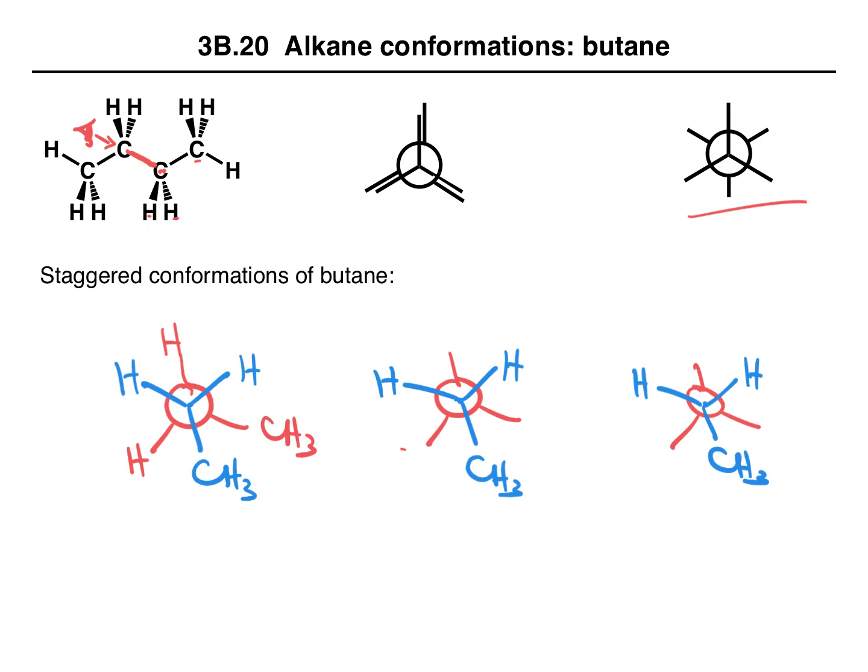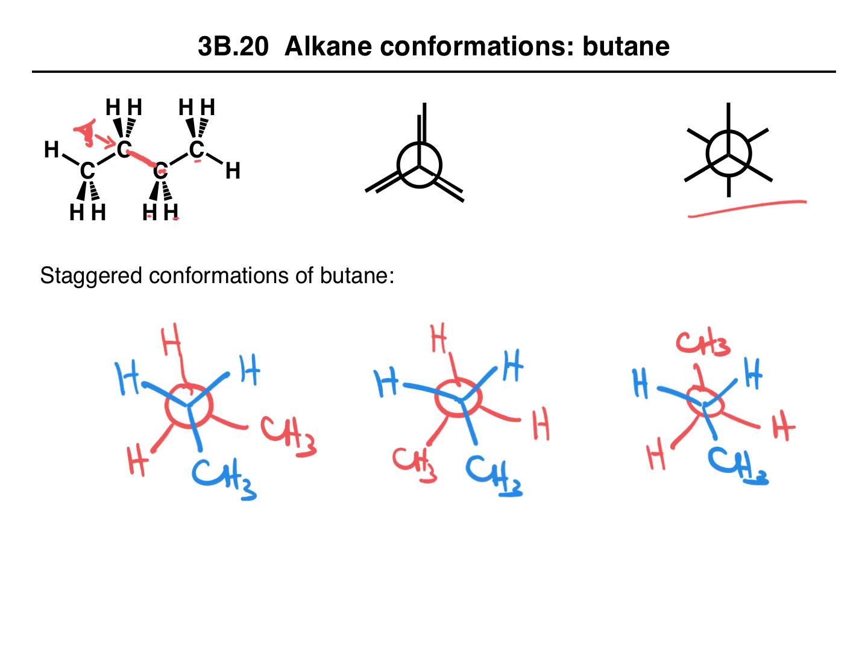Then we can rotate to put our methyl here, hydrogen here, hydrogen here. Keep turning that red steering wheel until we get the methyl here, hydrogen here, and hydrogen here. All of these conformations are staggered conformations because this front bond bisects the 2 behind.